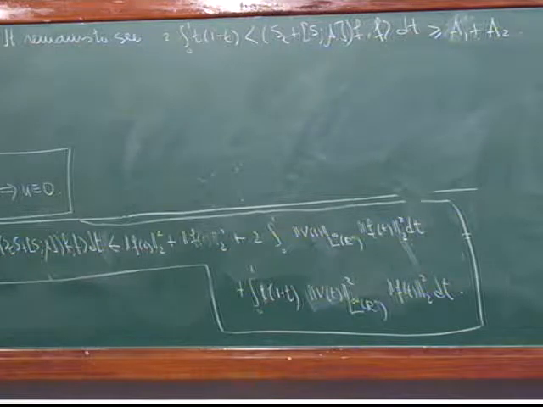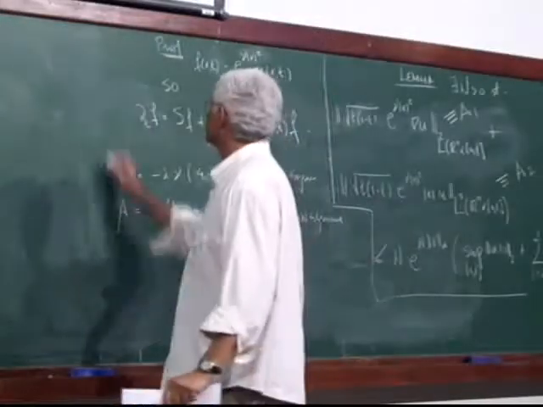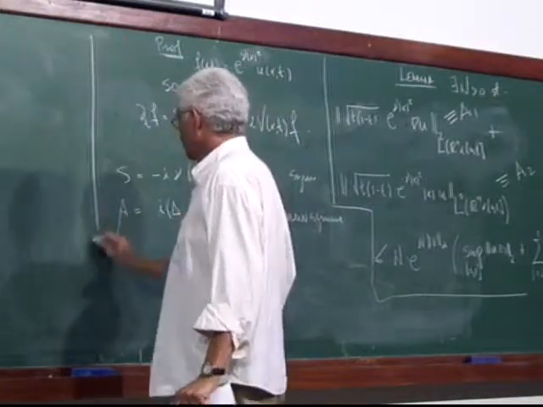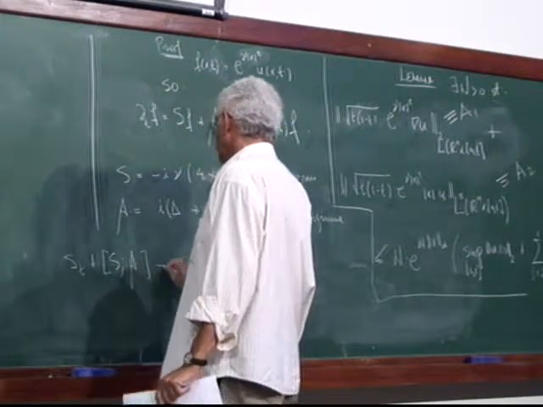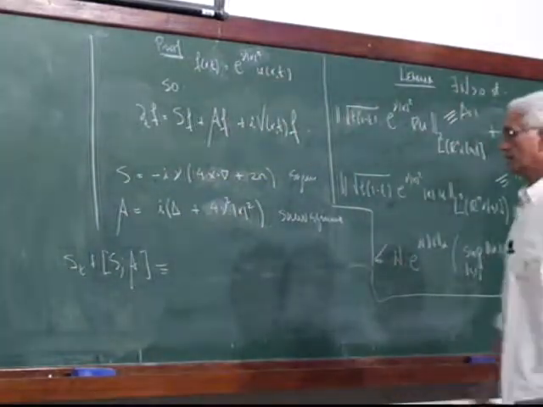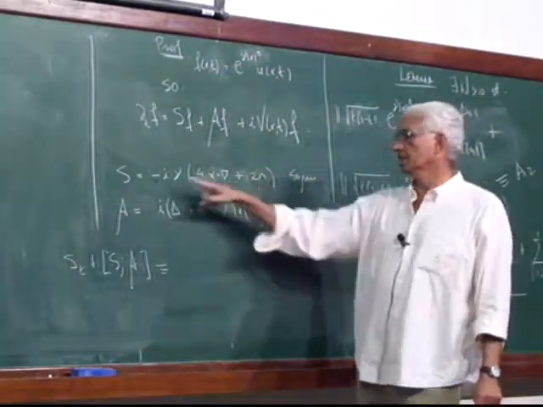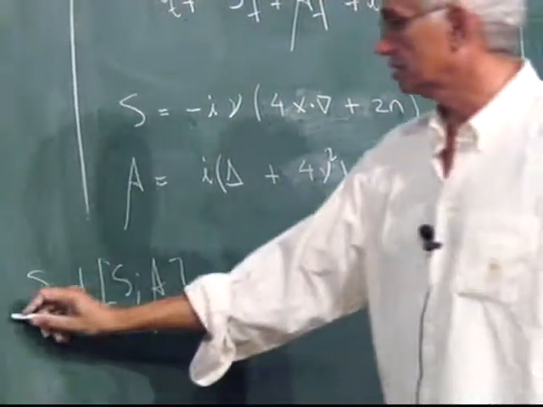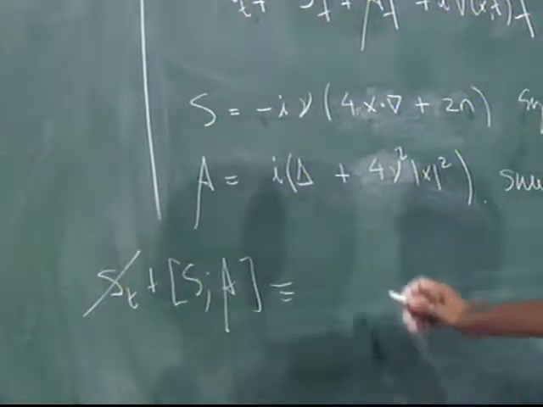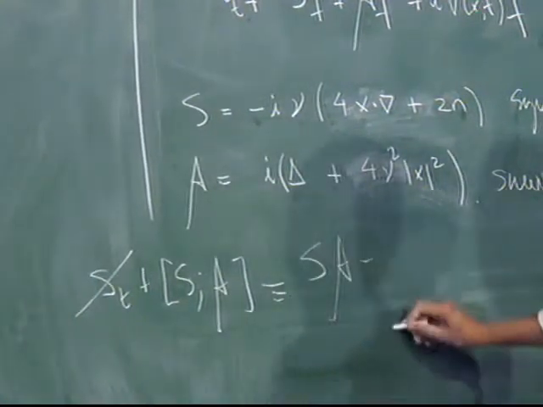Okay, now let's compute who is this operator. Who is this? We have this. Does dt s commute with A? Well, if you take the derivative with respect to t, here you have nothing because there is nothing that depends on t. And this guy is out. This is simple. Then we have s applied to A minus A applied to s.